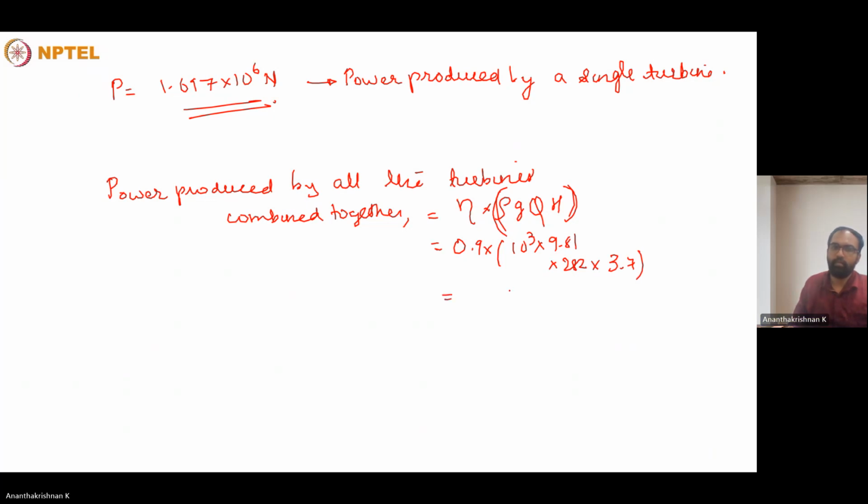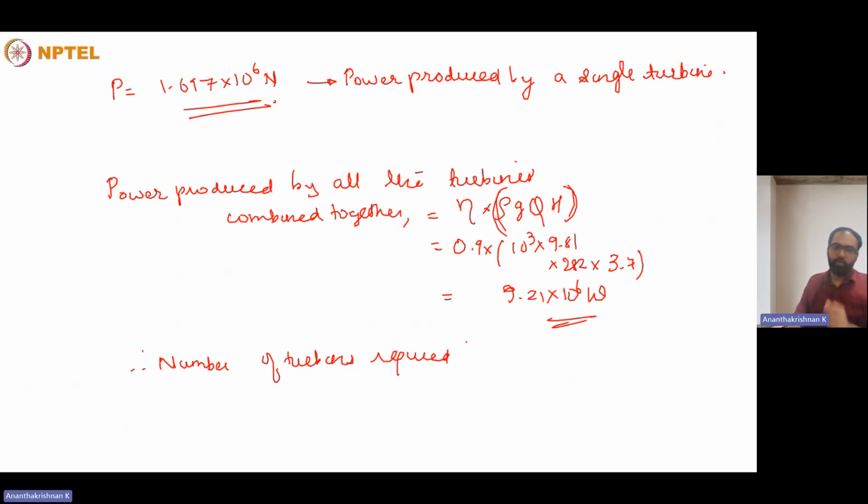So the power produced by all the turbines is equal to 9.21 into 10 power 6 watt. Therefore, the number of turbines required to produce this much power is equal to power total divided by power individual.